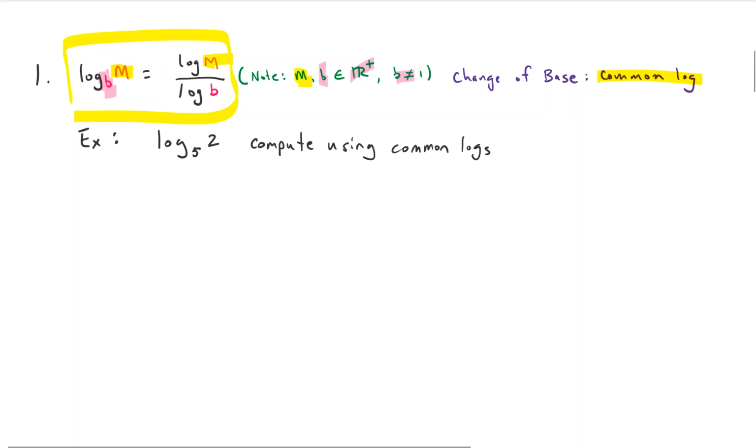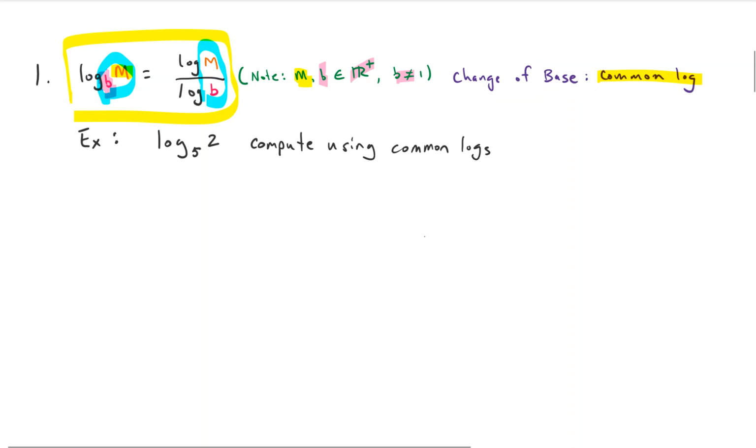So for me, one of the great ways to remember how to do this is you notice that m is above b. It's higher vertically than b is. And notice over here, m is also vertically higher than b. So nothing changes there. You just are rewriting it with common logs instead of the original log base b.